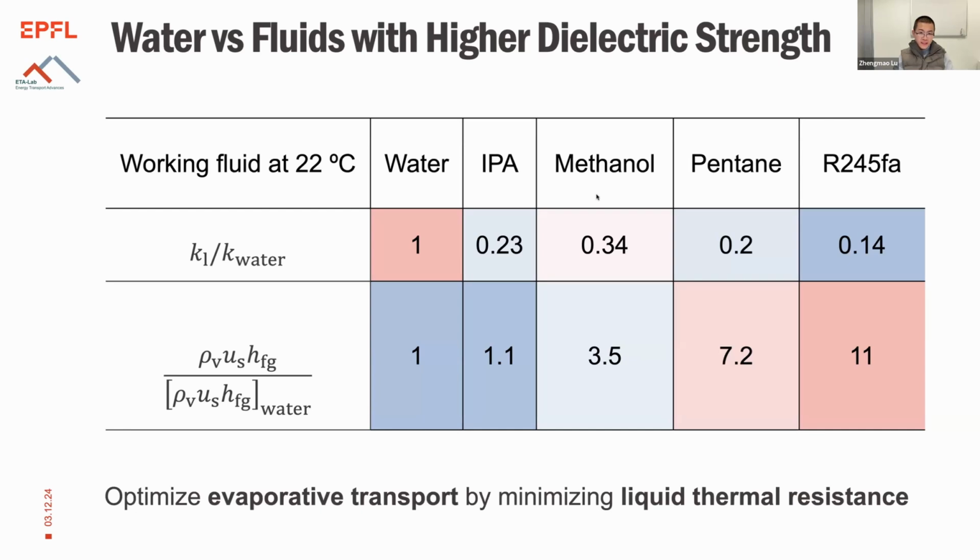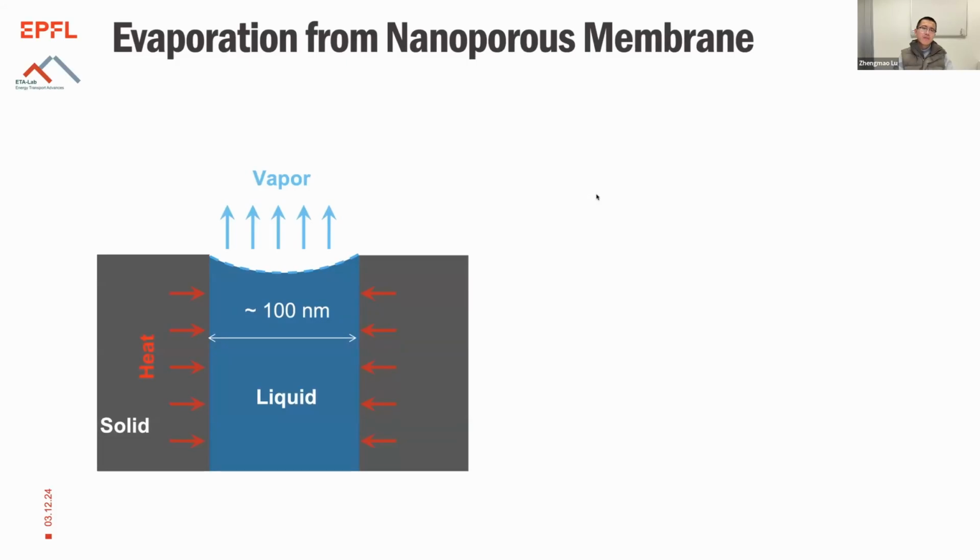With this in mind, first, let's try to find a basic working unit from which we can scale up. Our basic working unit here is a nanopore, or if you have many of them, a nanoporous membrane. In the schematic, you're looking at a small liquid column contained in a pore with a meniscus pinned at the top.